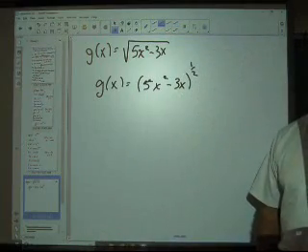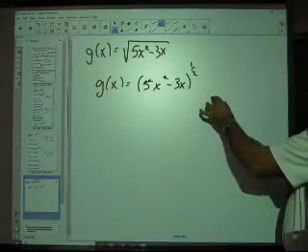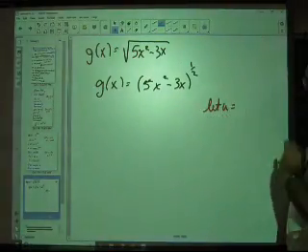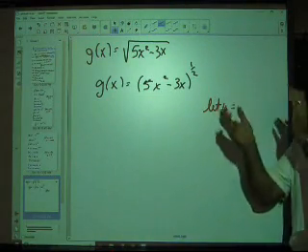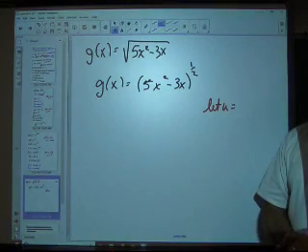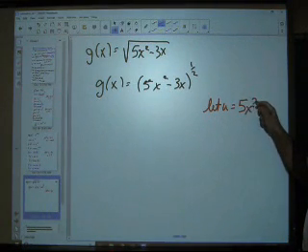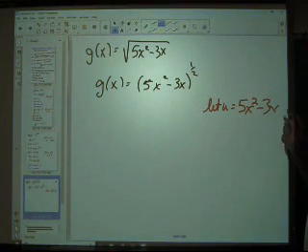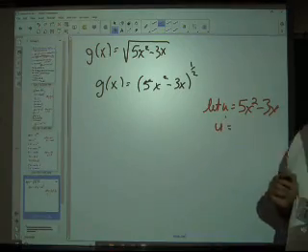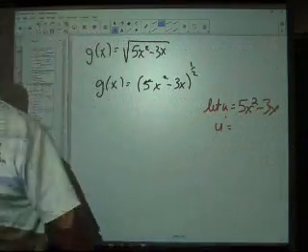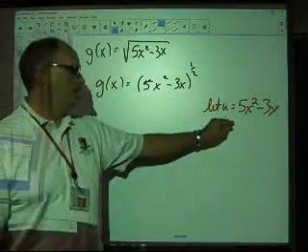So what did I put into something else? Okay. And so that then tells me my derivative of 5x squared minus 3x is what? Oh, 10x minus 3. Okay.